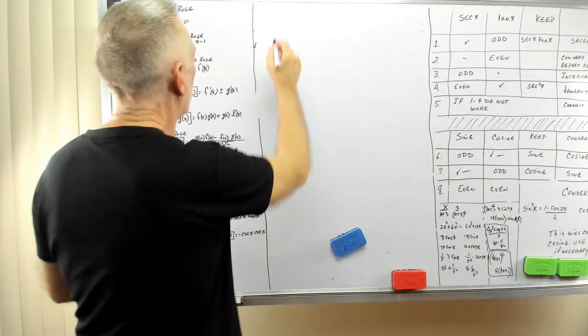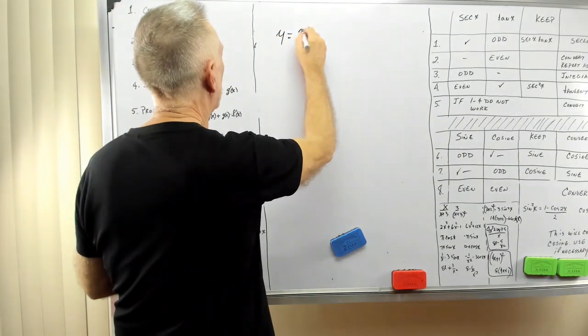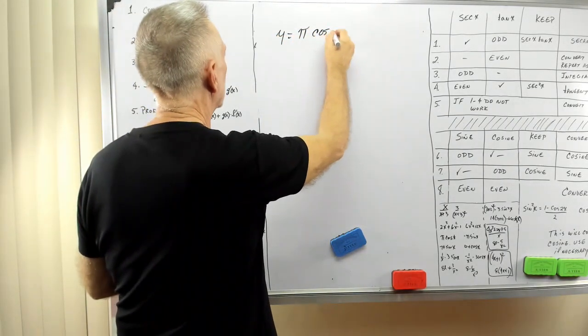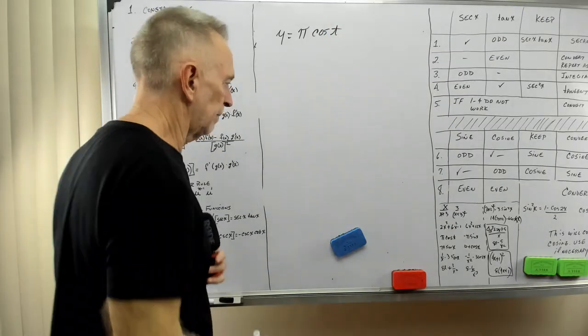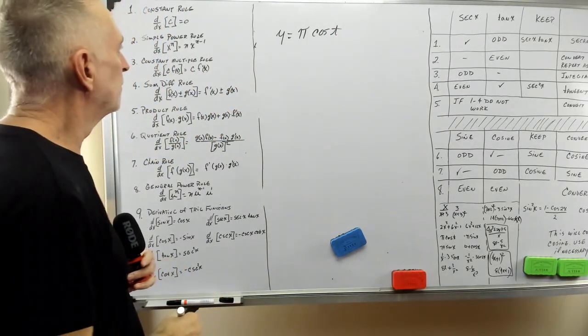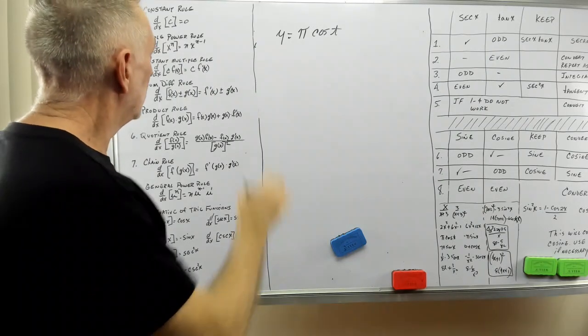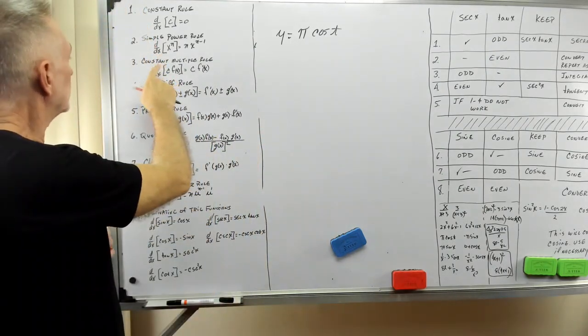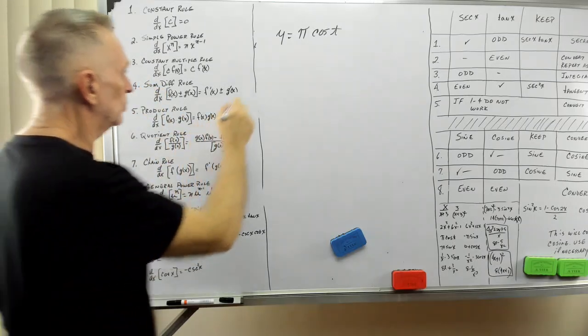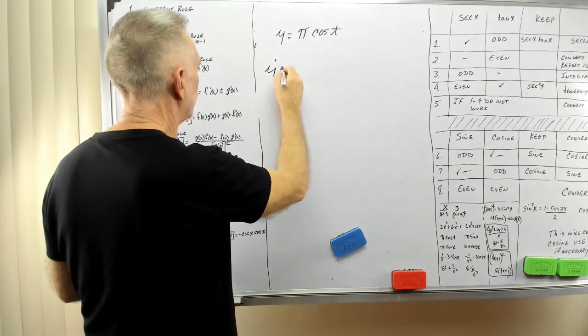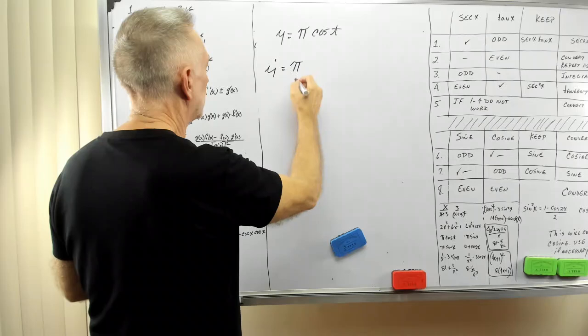All right, what if y equals pi cosine t, let's say? Well, pi is a constant. So now I have a constant multiple rule. So if I'm trying to take the derivative, I can pull that constant out.